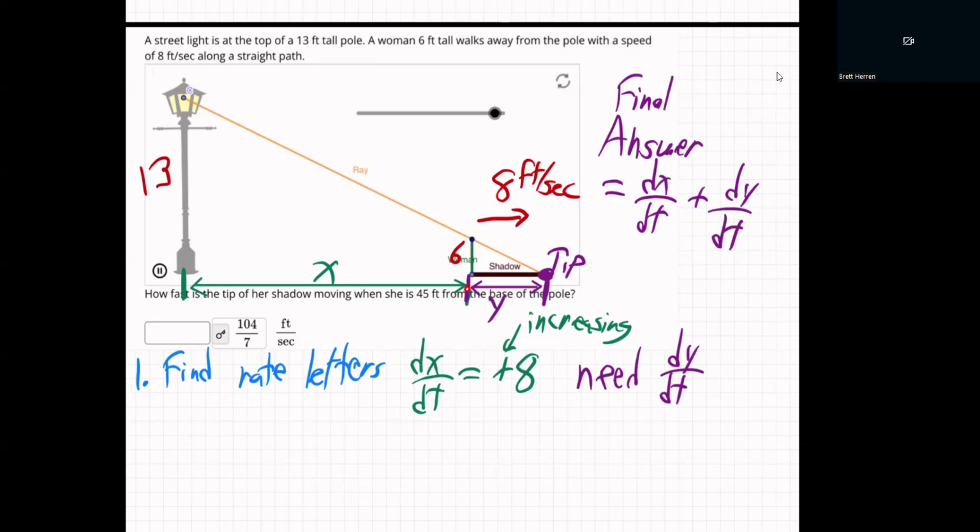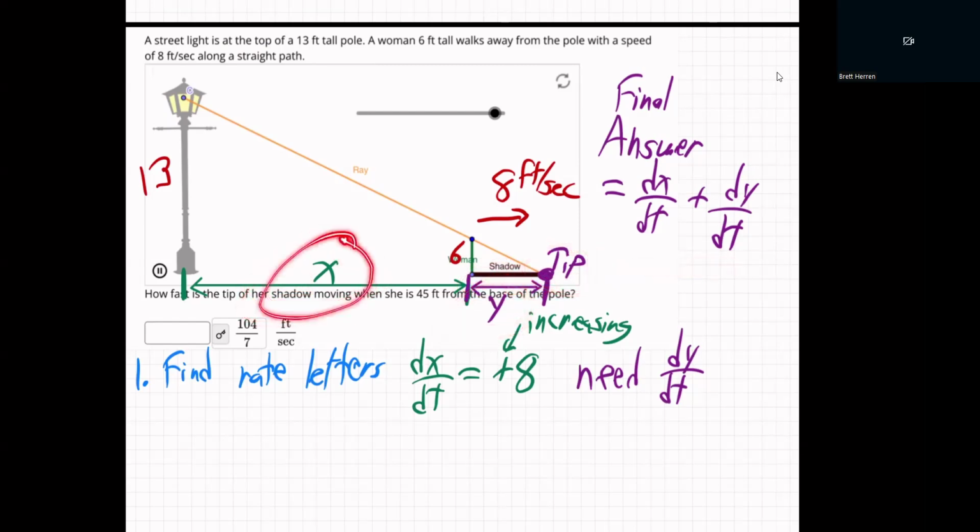Because as the woman walks away from the light pole, what makes the tip of her shadow move on the ground? Two things. First off, how fast she's moving, how fast X is increasing. She drags her shadow, but then also her shadow gets longer on its own. So how fast this changes plus how fast that changes, dx dt plus dy dt, is what makes the tip of her shadow move. We need both things.